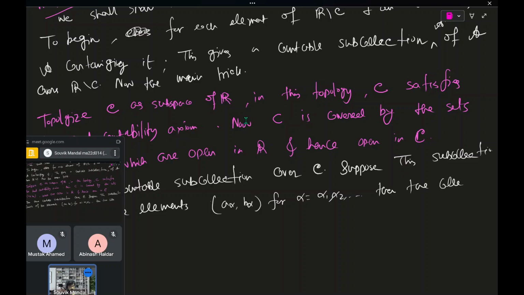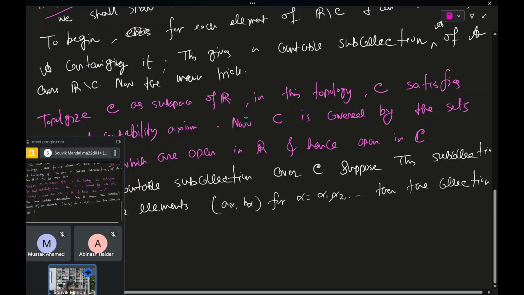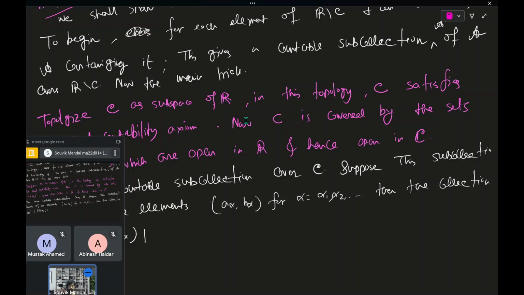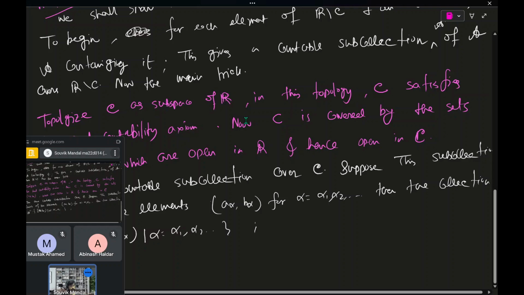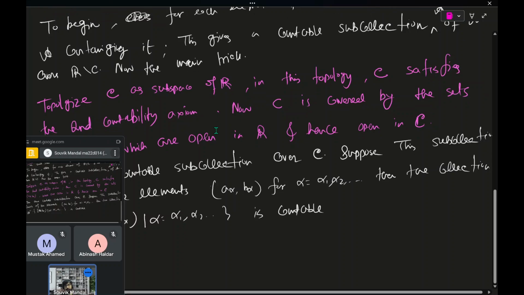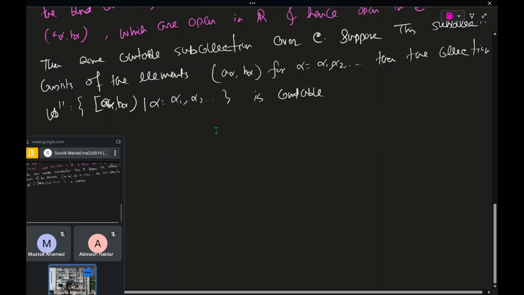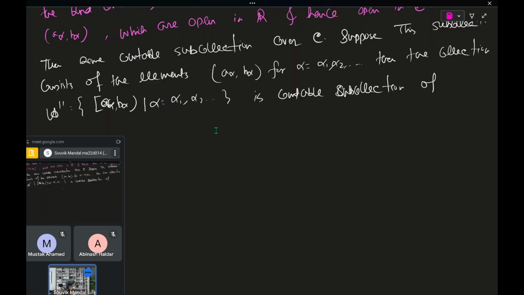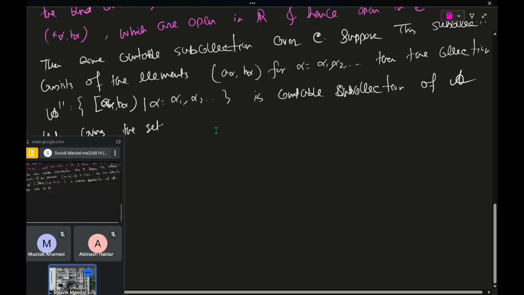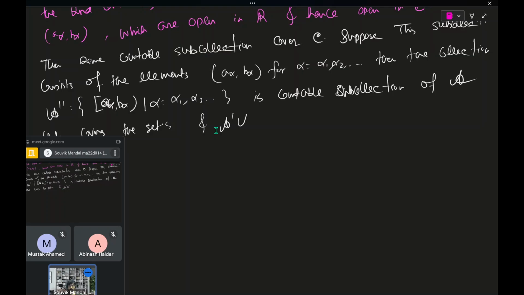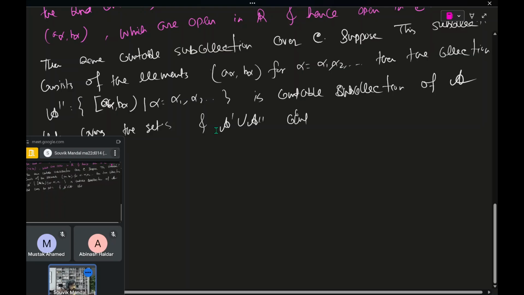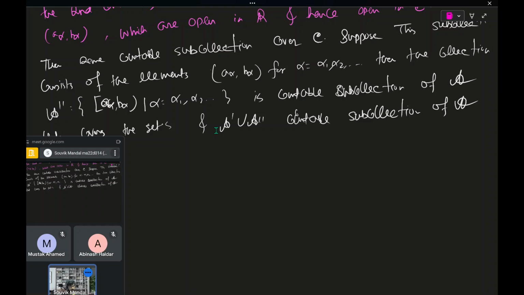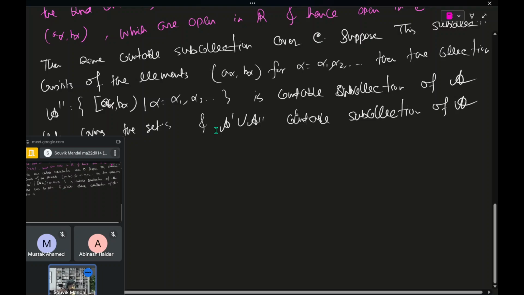Then the collection A double prime, equal to [a_alpha, b_alpha) with alpha equal to alpha_1, alpha_2, and so on, is a countable subcollection of A that covers the set C. And A prime union A double prime is the countable subcollection of A that covers R_l.